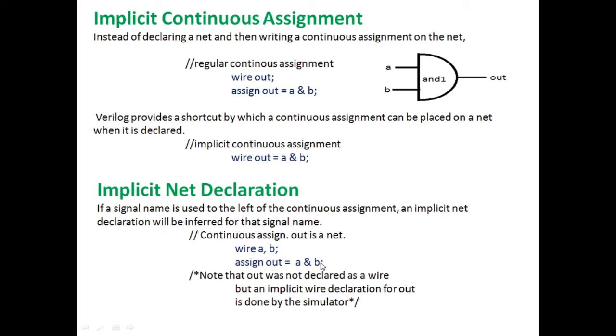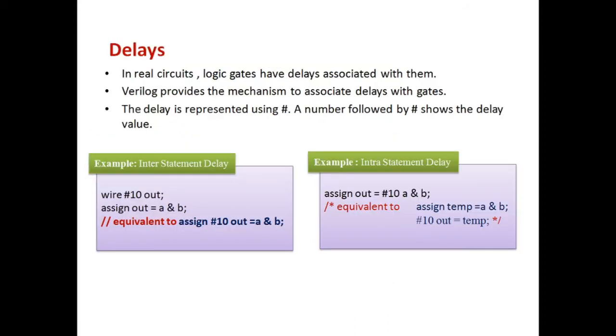So here A and B are of type wire or net, and the simulator will declare implicitly that out is of type wire data type. So the implicit wire declaration for out is done by the simulator. This is one kind of continuous assignment declaration.